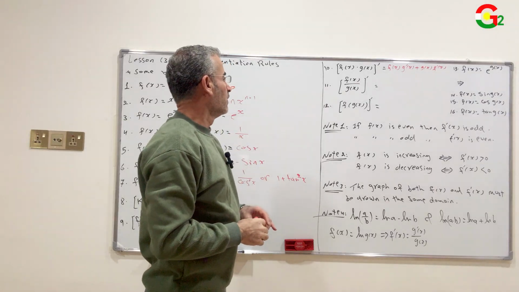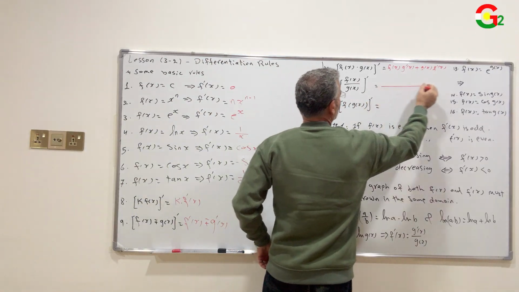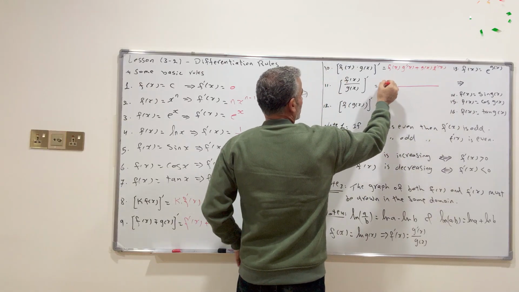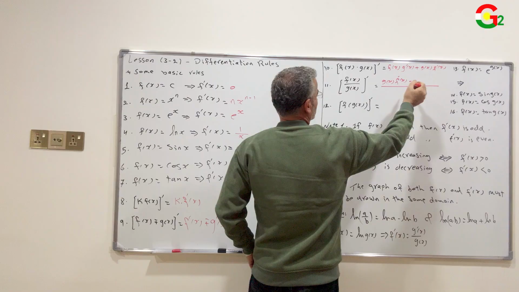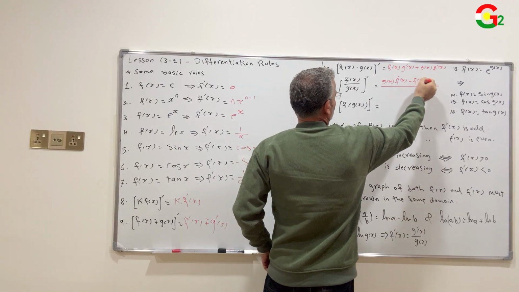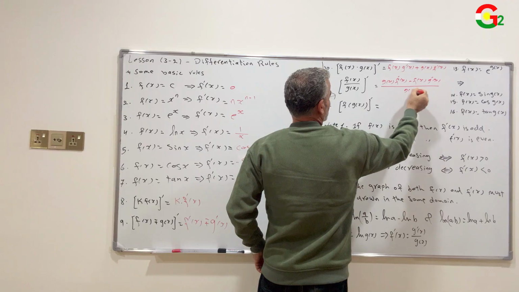The derivative of the division of two functions is g of x times f prime of x minus f of x times g prime of x over g of x squared.